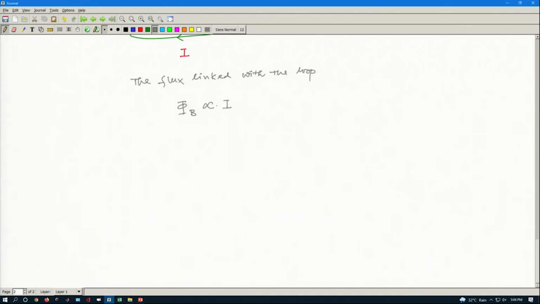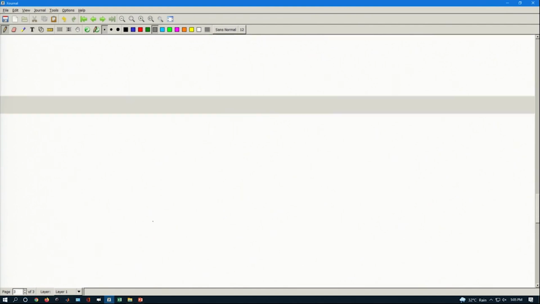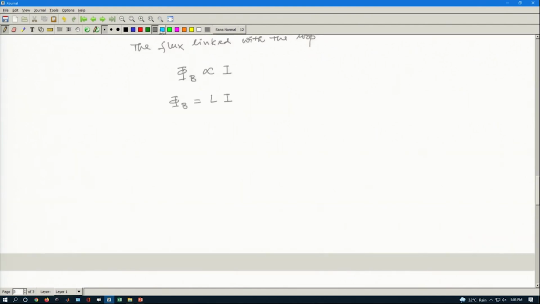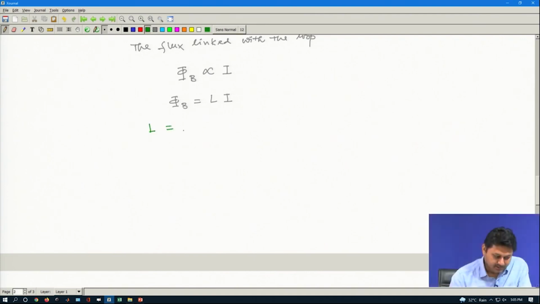If I put in the proportionality constant, then phi B is equal to L multiplied by I. This proportionality constant L is called the self inductance.